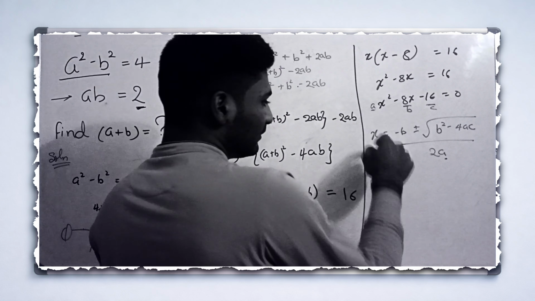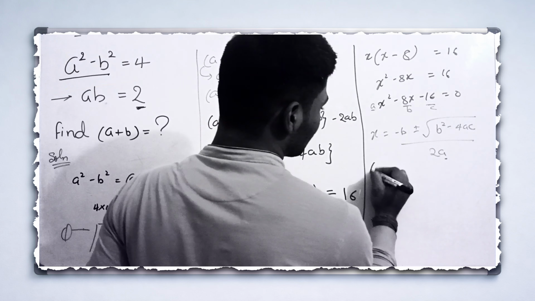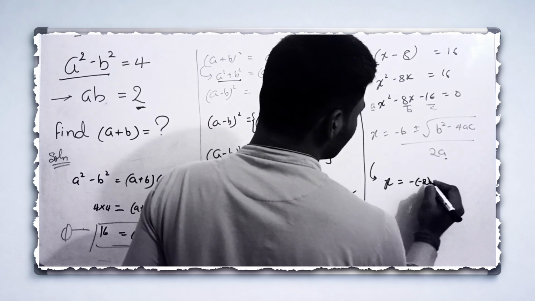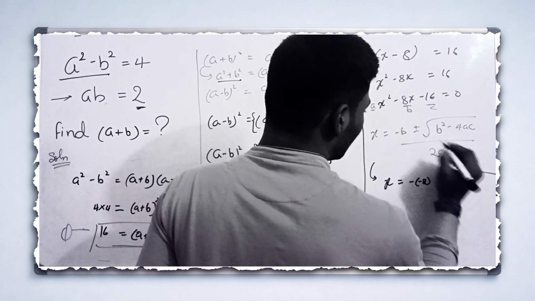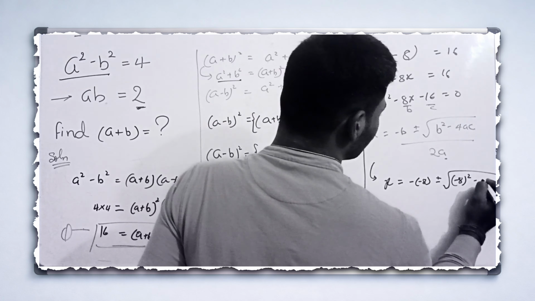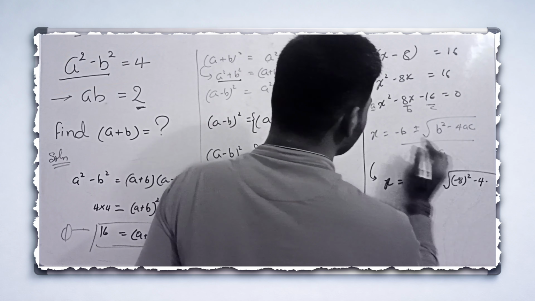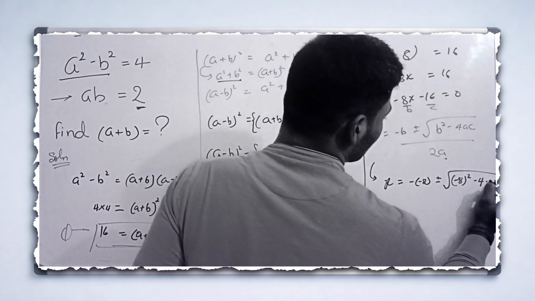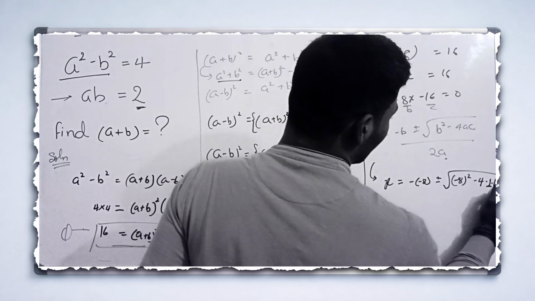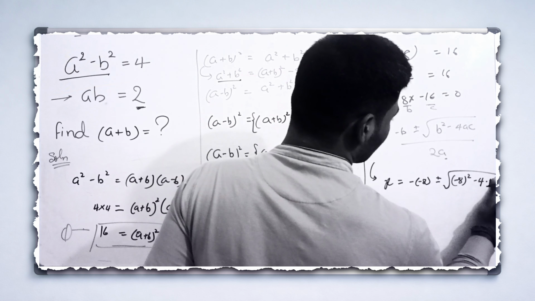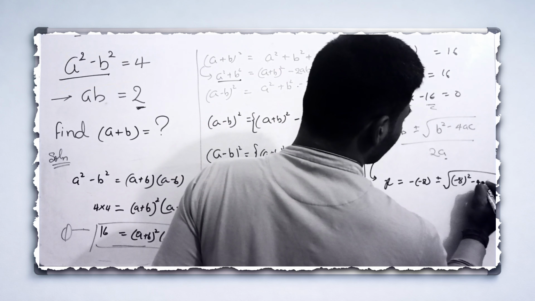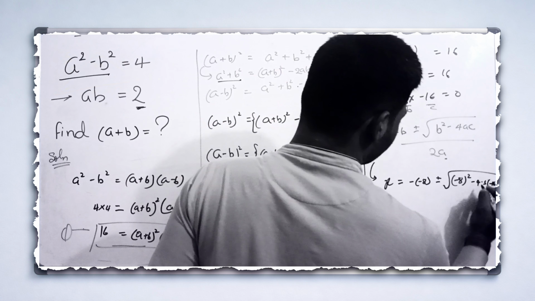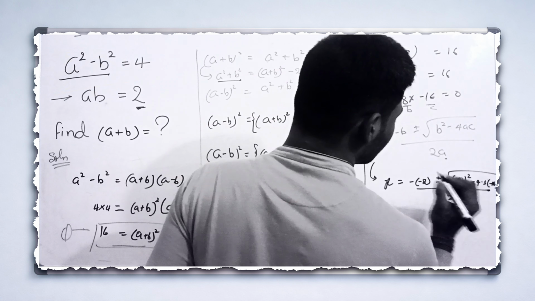So on putting values here, we get x is equal to minus of b, which is minus of minus 8, plus minus under root of b square, which is 8 square, minus 4 times a, which is 1, times minus 16, over 2 times 1, which is 2.